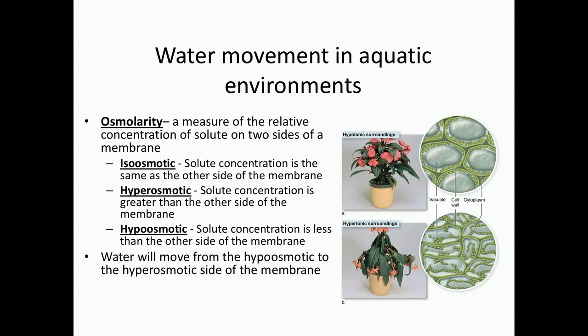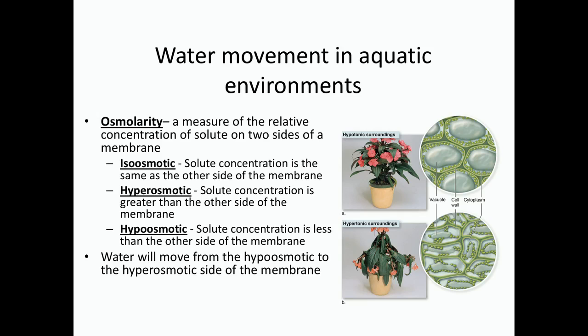Oftentimes, however, we're dealing with a situation where we have a higher solute concentration, so more dissolved substance on one side than the other, in which case one side is going to have a higher solute concentration, or be hyperosmotic, and the other side is going to have a lower solute concentration, or be hypoosmotic, HYPO osmotic.